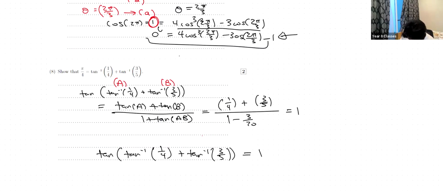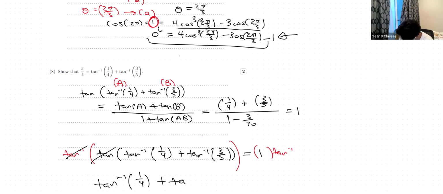So basically doing this, and then tan inverse like that will leave you with the expression that the question wants, which is going to be the tan inverse 1 on 4, because these will kill each other, and 3 on 5 equals pi on 4, because tan inverse of 1 is pi on 4.